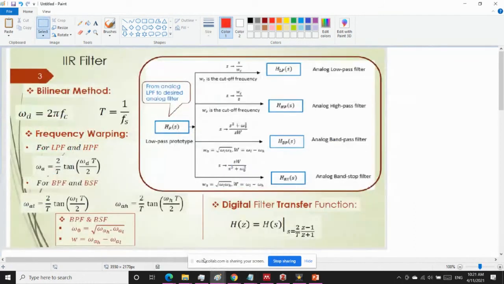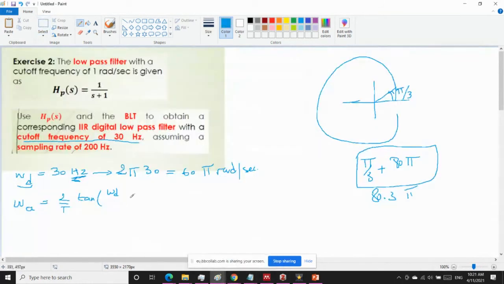So we have to convert it to radians, because we can't use degrees here. Everything should be in radians, or Hertz. We cannot use Hertz here.